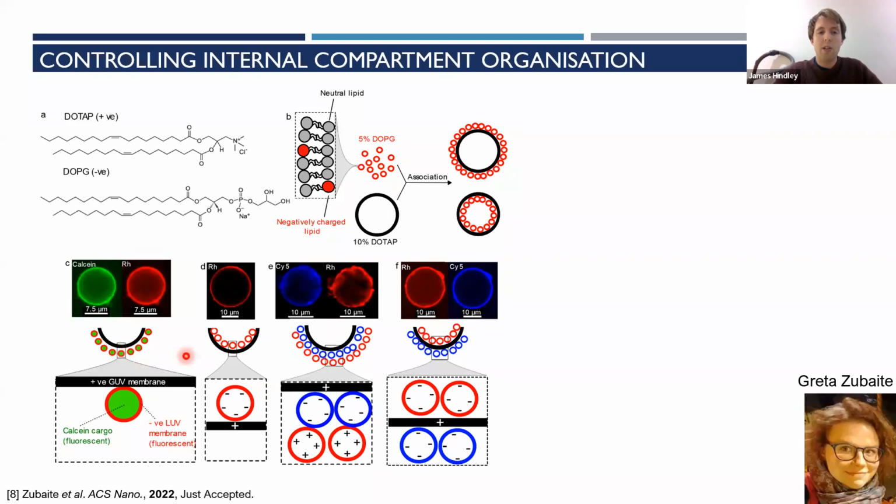And then Greta used, again, rhodamine and Cy5 just to show that we can localize these membranes onto the inner face of a GUV. We can also localize them to the outer face, and we can start to layer these on in a layer by layer approach. And then we can also actually bind vesicles to both faces.